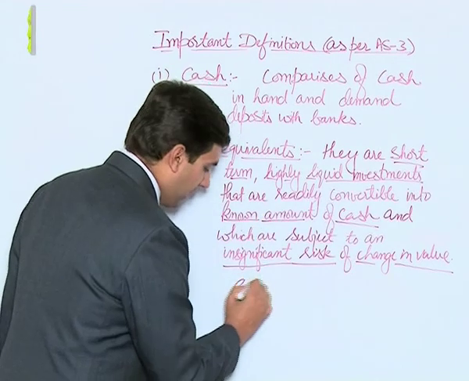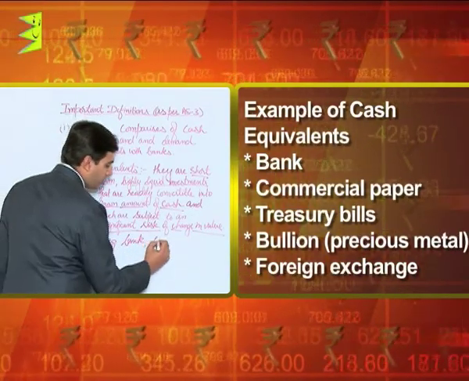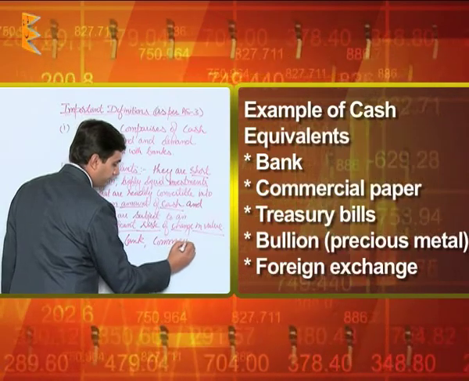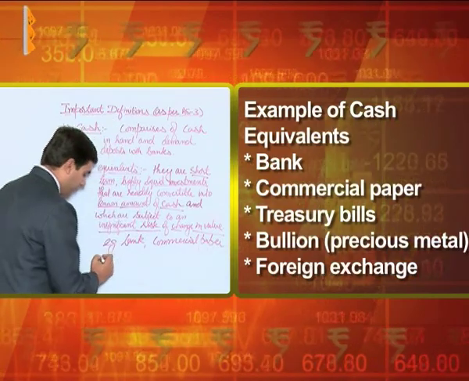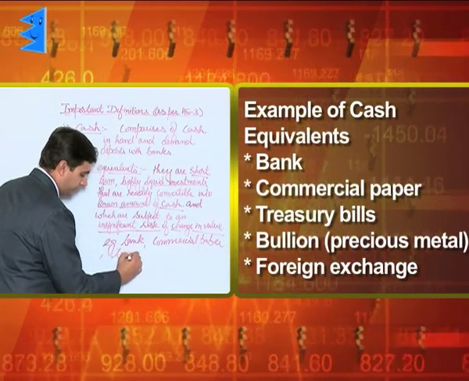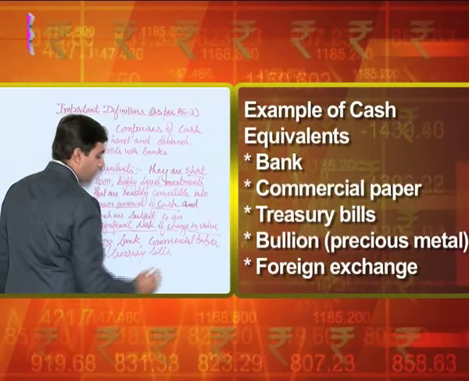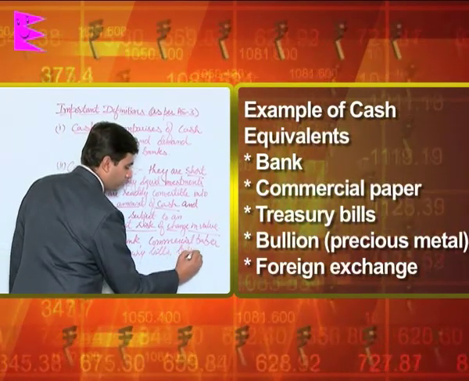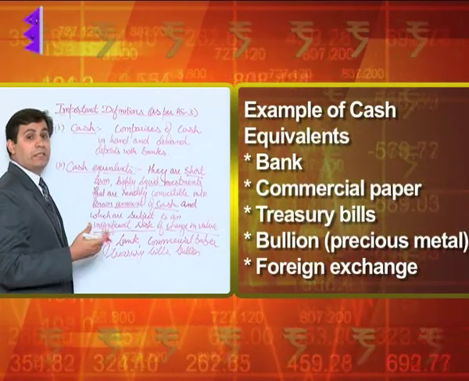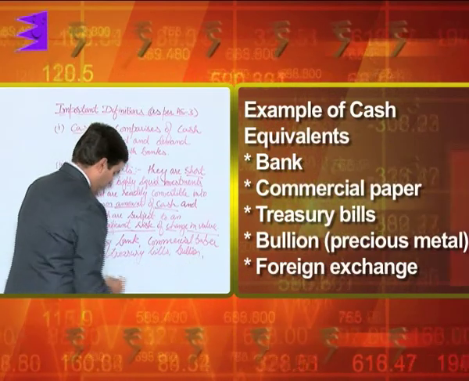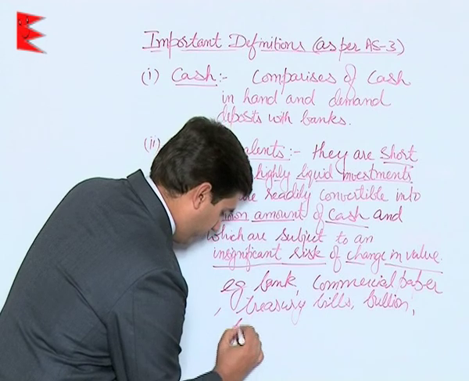The first example can be bank commercial paper, it can be treasury bills, they can be in the form of bullion also, precious metal, it can be like foreign currency, foreign exchange.